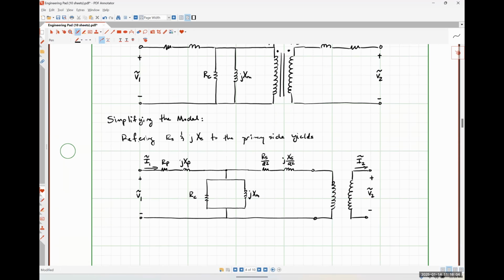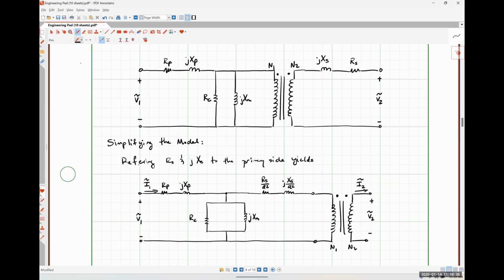Okay, so we're going to break this thing down into a couple of, not necessarily smaller parts per se, but I'm going to add a little bit more context to things here. I'll go ahead and note that the transformer is still ideal. Okay, so we've got this representation. Just for what it's worth, I'm going to put some notes up here.